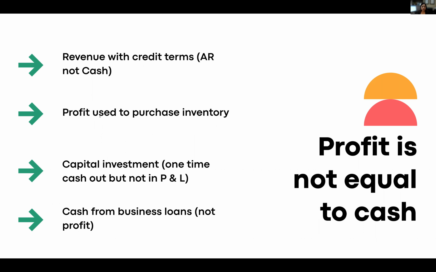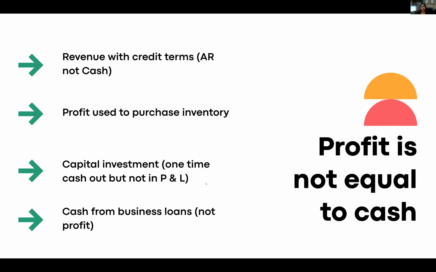Another one is profit used to purchase inventory. So it would reduce your cash, but the profit will not be affected because you're recording it as an inventory or an asset. The third one here is capital investment.